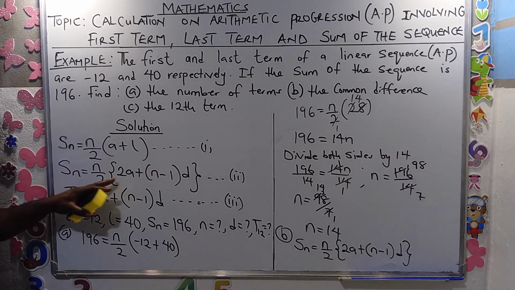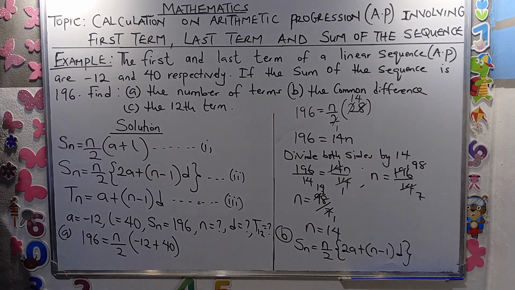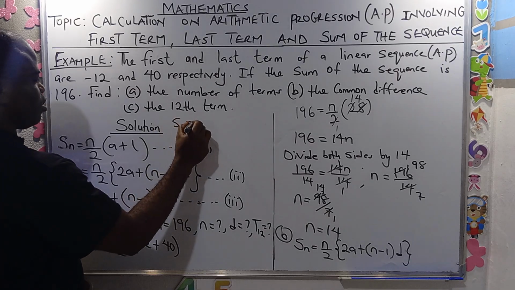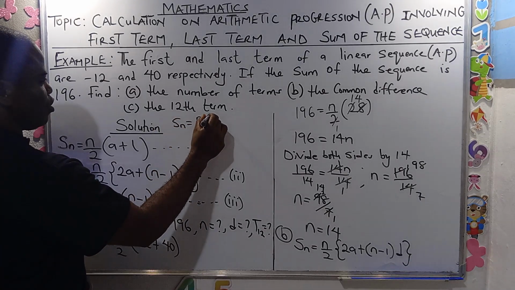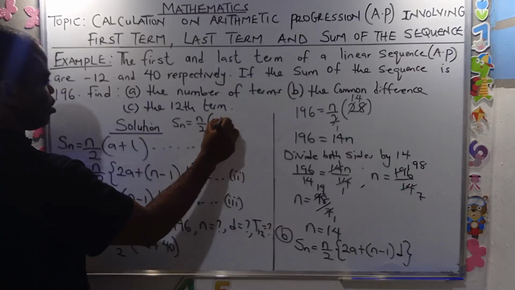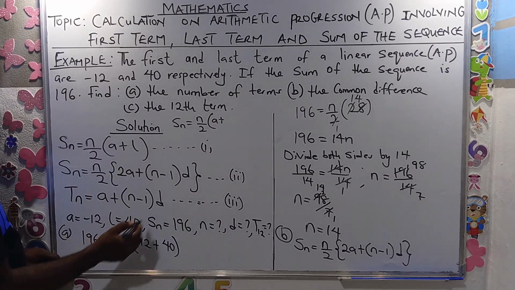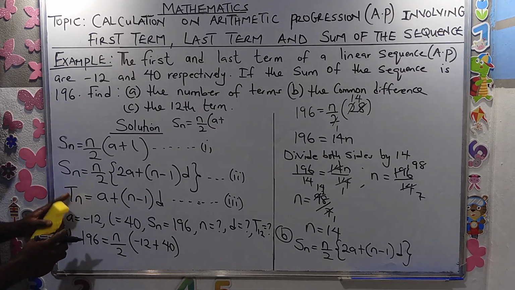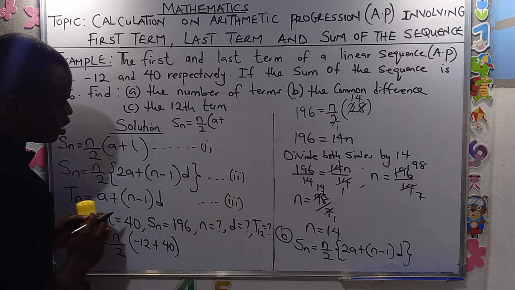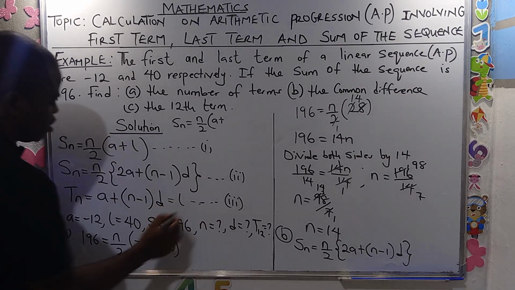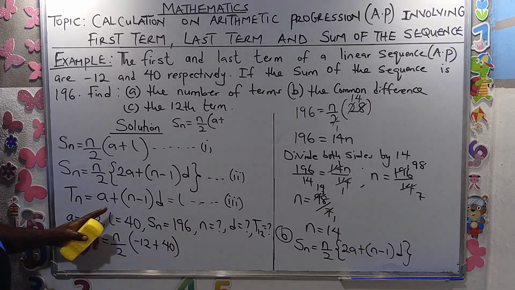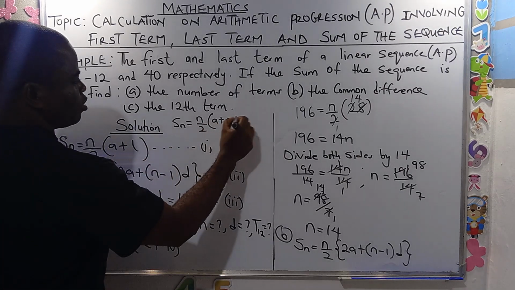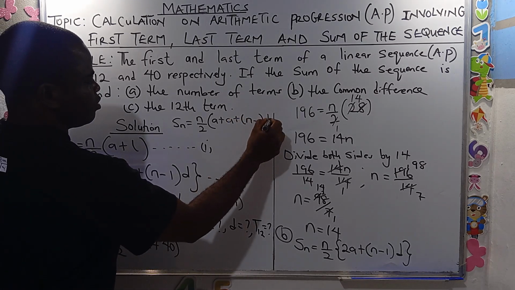From equation 1, you can get equation 2. Let me show you. Now you have the sum equals n over 2, open bracket, a plus, what's the last term? The nth term can also be referred to as the last term. So replace the last term with a plus n minus 1 d.